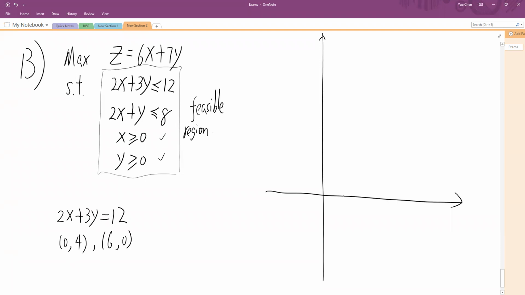Okay, so let's draw the graph. (0, 4) is here. (6, 0) is here. Then we connect these 2 points, right?